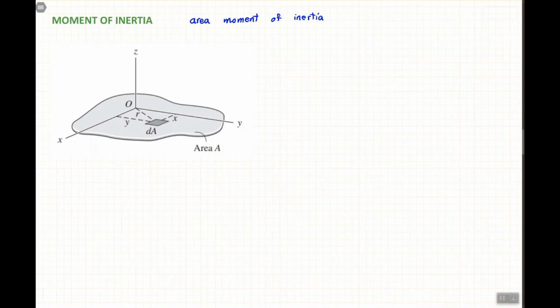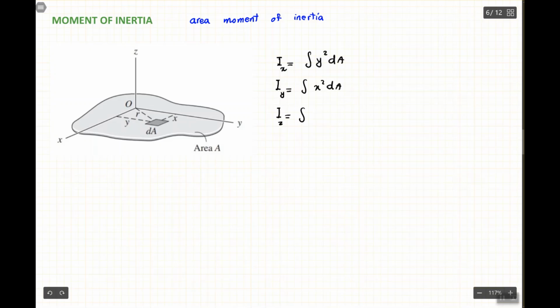I'm going to put the link to the YouTube video, which you can also watch completely later. Mathematically, we define the moment of inertia: Ix is the integral of y squared dA, Iy is the integral of x squared dA, and Iz is the integral of r squared dA.